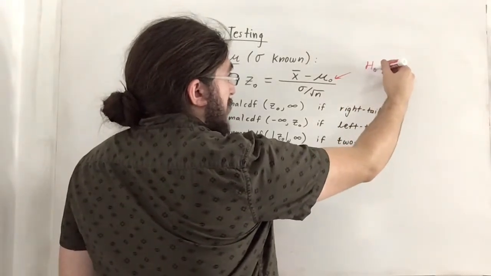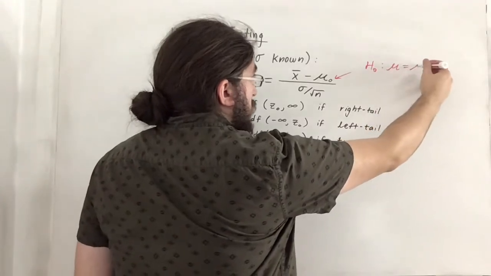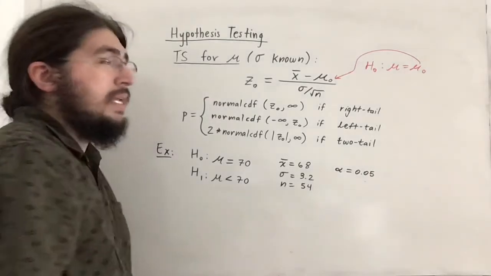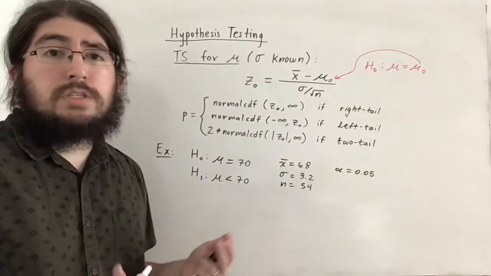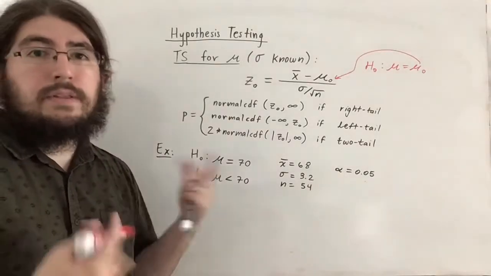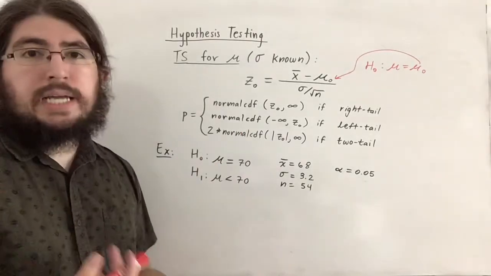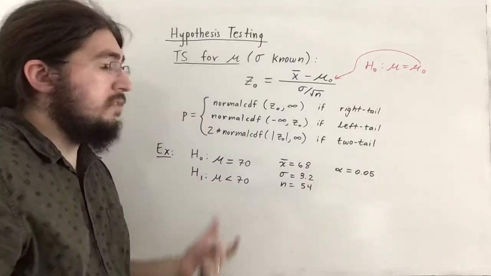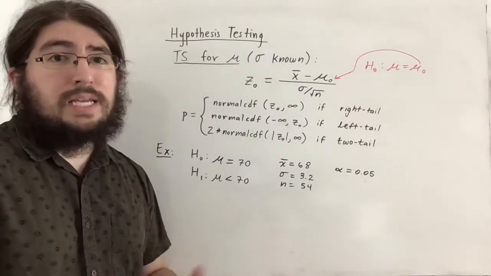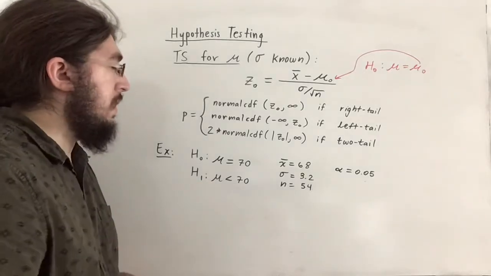When you have H naught: mu equals mu naught, that is our guy right there. It's what we're assuming the population mean to be from the null hypothesis. Because the null hypothesis is what we assume to be true, and the alternative hypothesis is yet to be seen depending on our evidence.